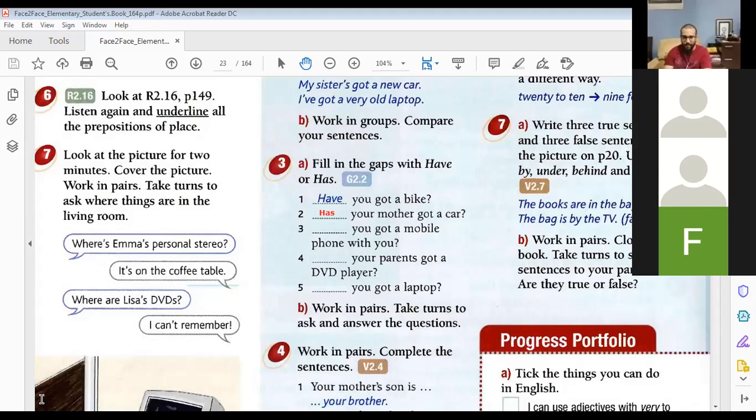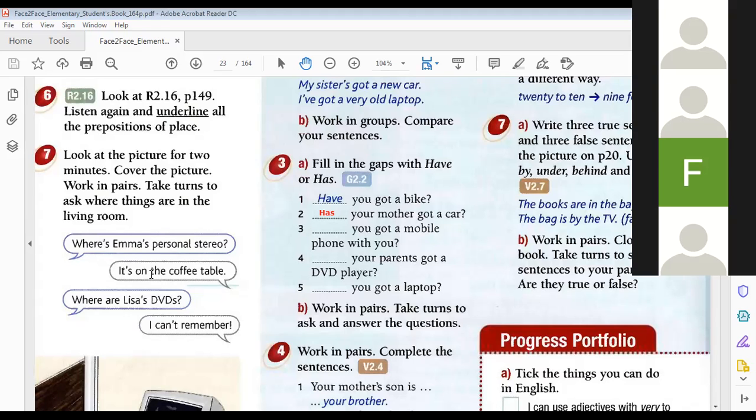What's the right answer? Fatima is not there. Basma, what about number 3? Have you got a mobile phone with you? Number 4, Manal? Has your parents got a DVD player?